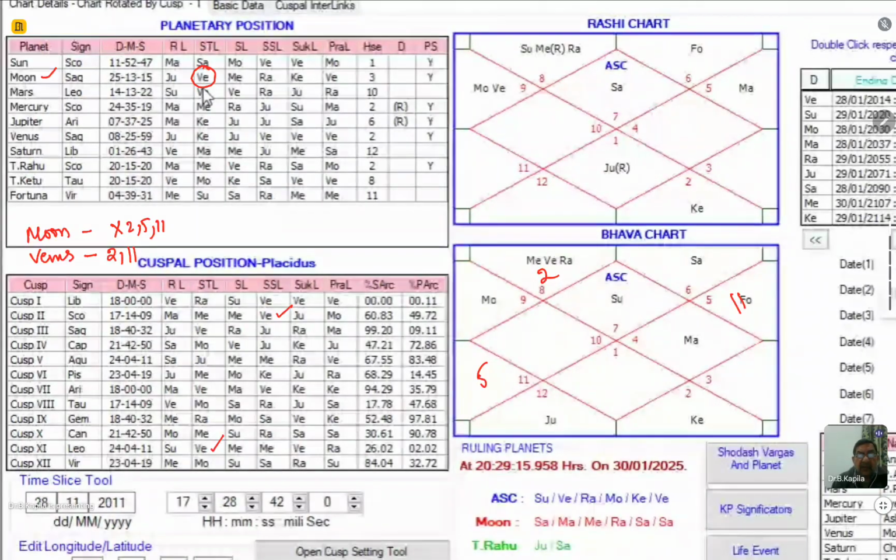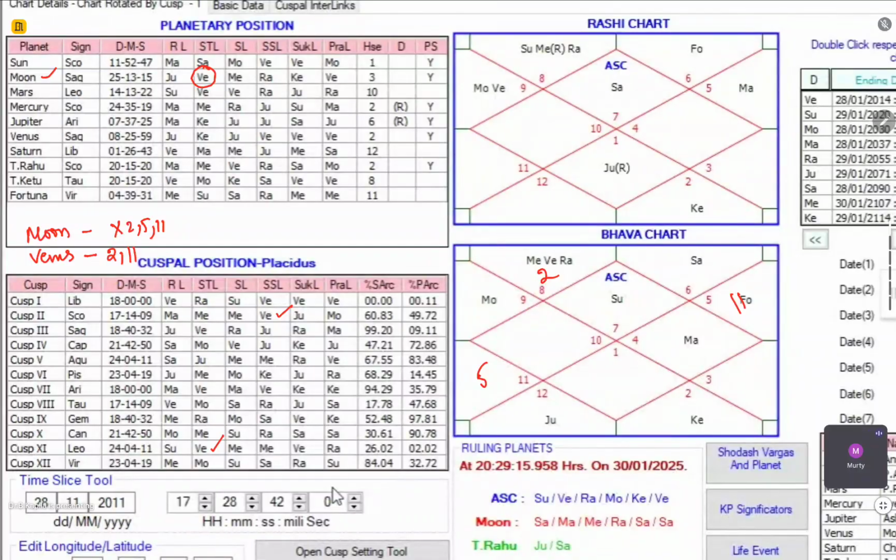Now, had Venus not been in 2, not been in 5, had it been only in 11, even then that query is genuine. Is it okay? And 2 and 5 is not required.